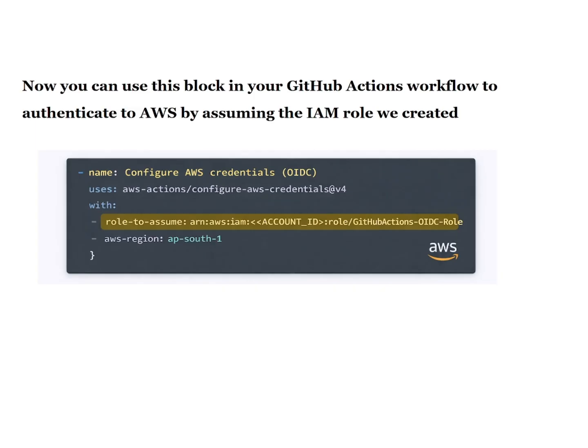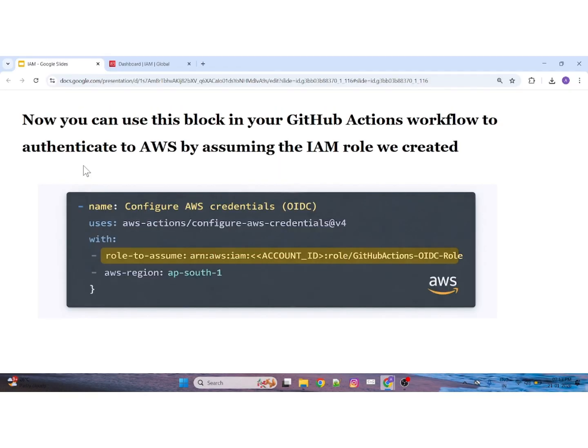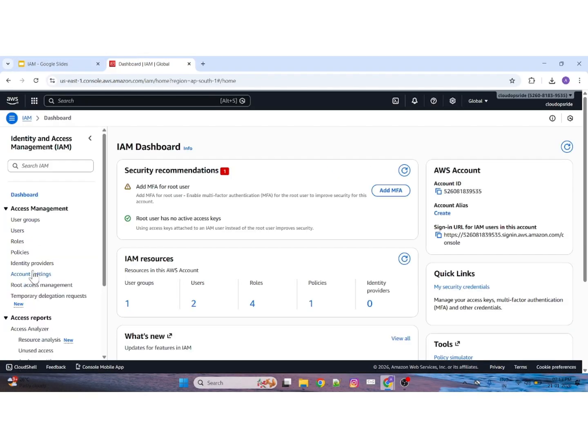It is not that you need to jump in right away to create all these things, but rather just understand what is the use of identity provider in IAM. Clear? So this basically covers the IAM.